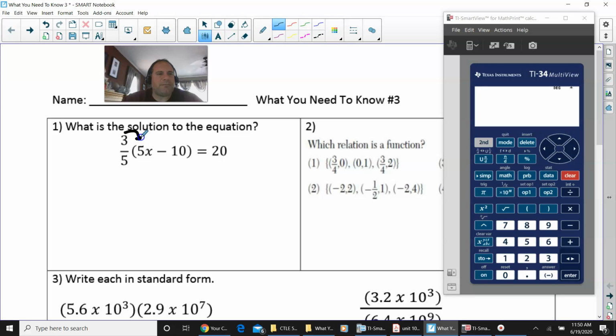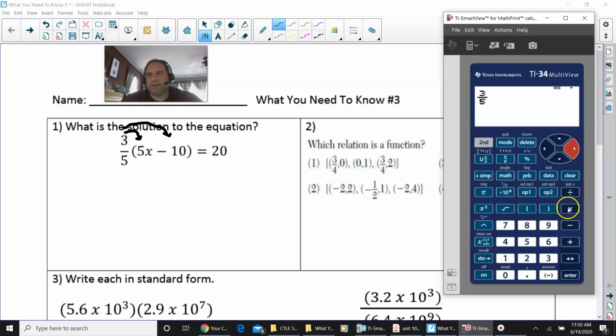And distributive property, you do 3/5 times 5 and then 3/5 times -10. And you press this button right here to put the fraction into that calculator, and it is 3/5.